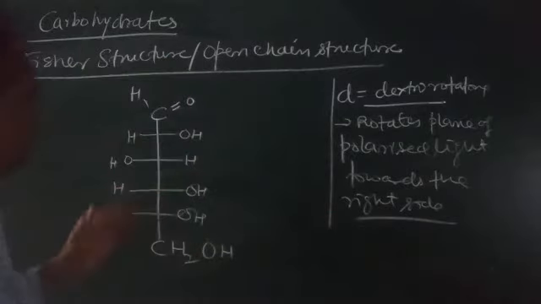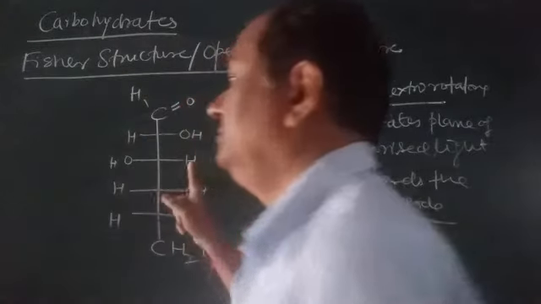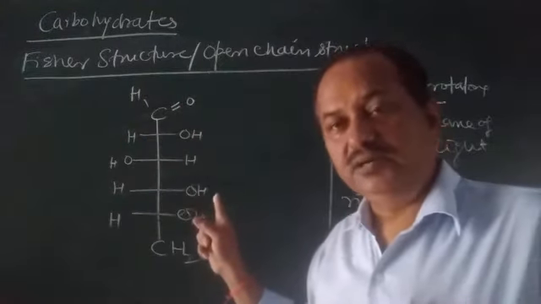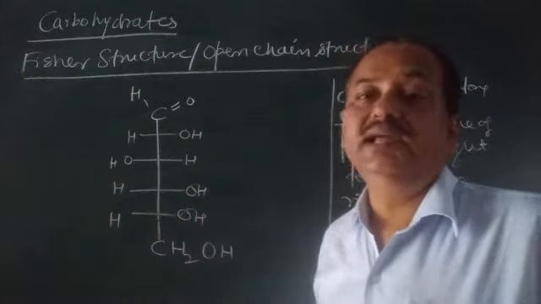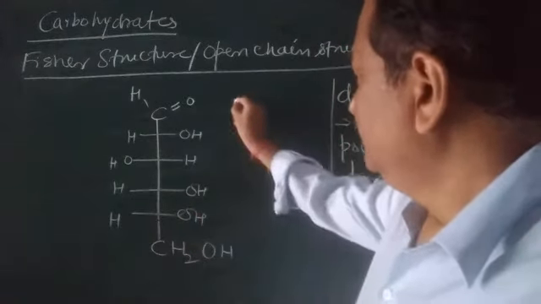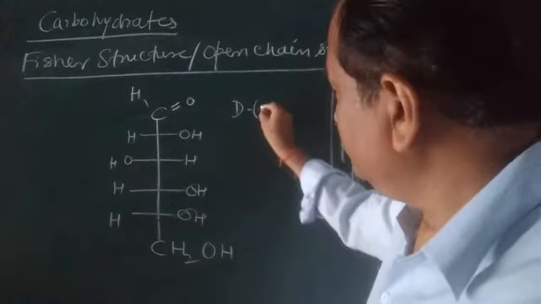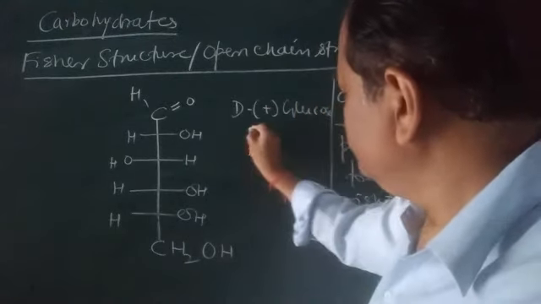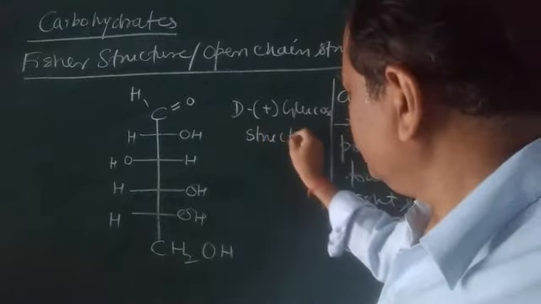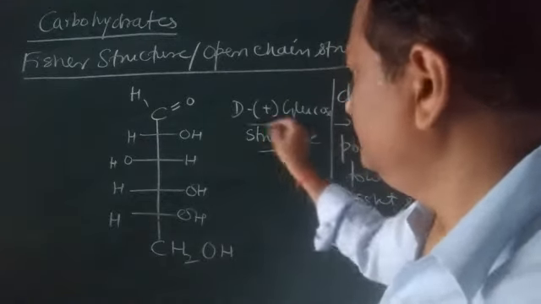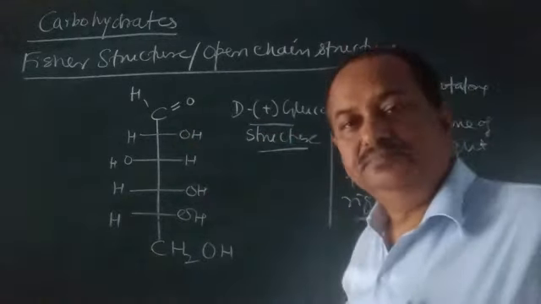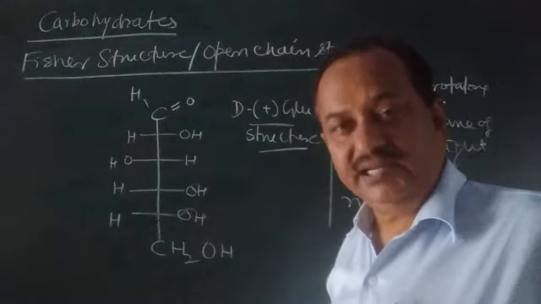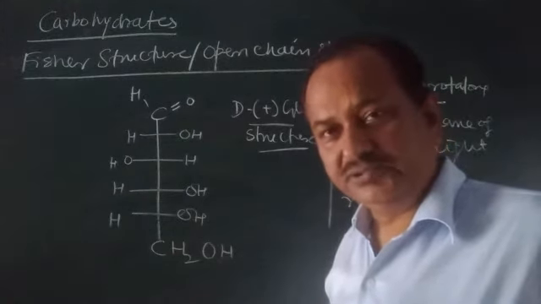Now here I have drawn the Fischer projection or Fischer structure for D-glucose. This is the D or plus glucose structure. As you know, carbohydrates are polyhydroxyaldehydes or polyhydroxyketones.